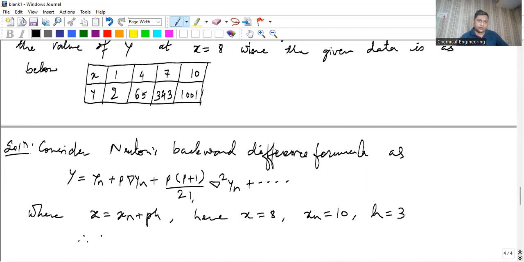So what we get here is 8 is equal to 10 plus ph. So what can we have for p here? p is equal to minus 2 by 3. Are you getting this?